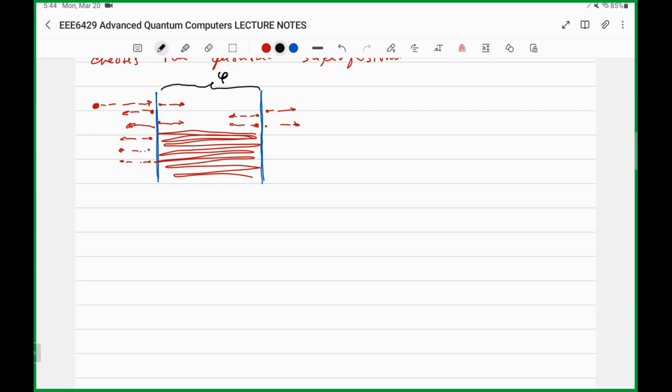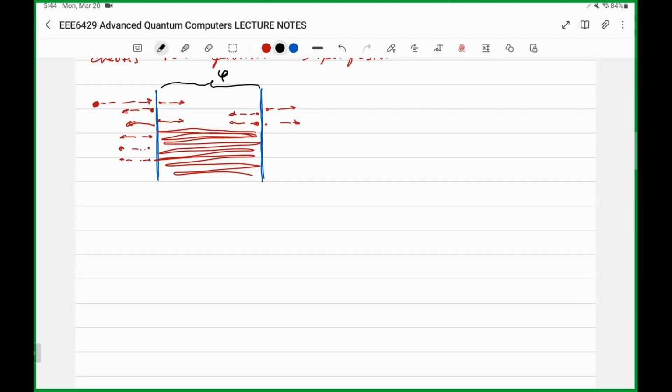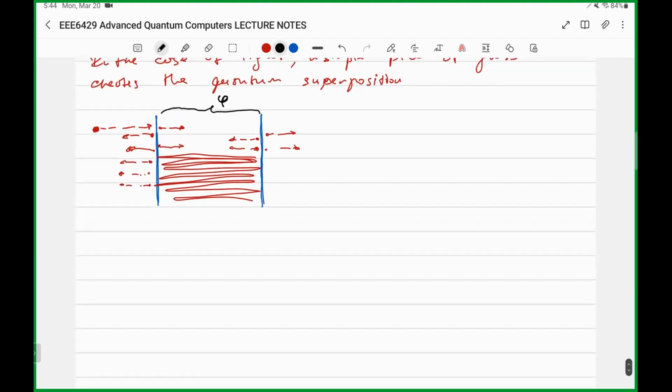And if the time changes, for the same velocity, the phase changes too. And for some particular phi, the partial waves will cancel out each other. So the solution for this case, for example, can be written like this.